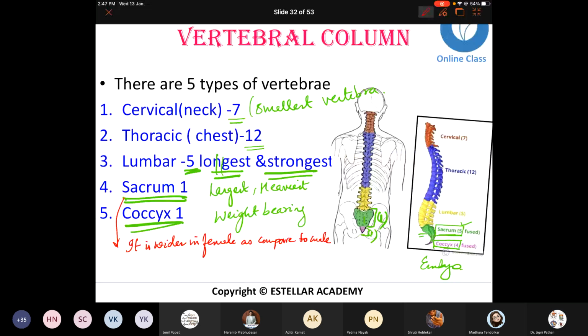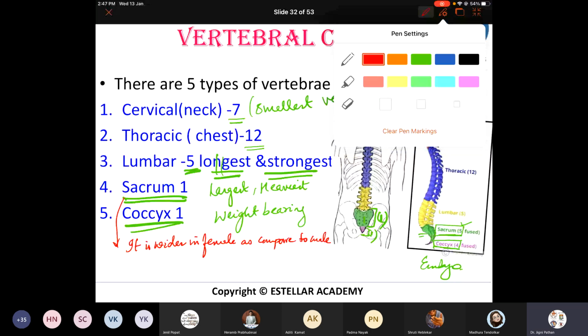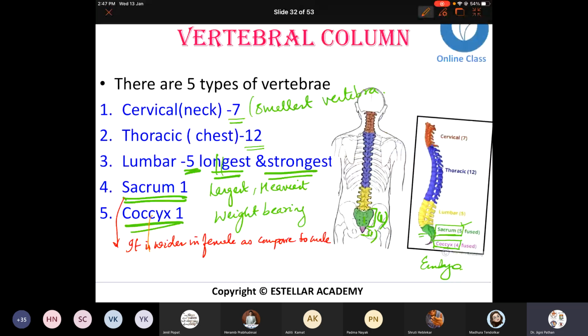Coccyx, vestigial, it's a tailbone. Vestigial in human. Please write down this.